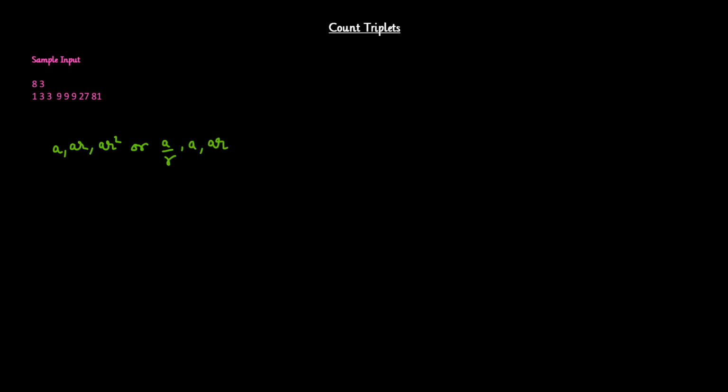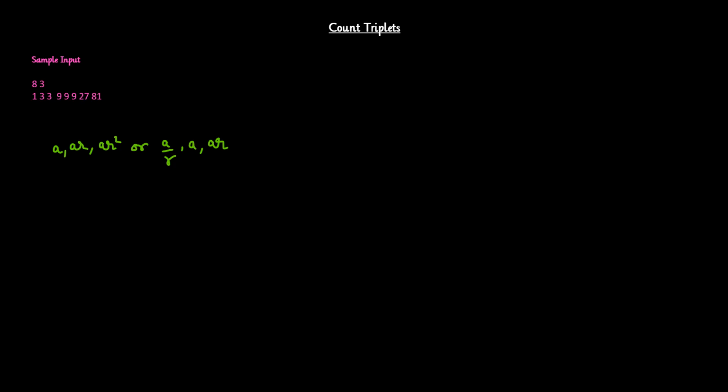So you can see the common ratio between two adjacent terms is r, right? Either you can choose this or this, which doesn't matter, guys, but these terms are in GP. A triplet must satisfy this condition, because in the problem statement it's clearly mentioned the triplets are in GP.